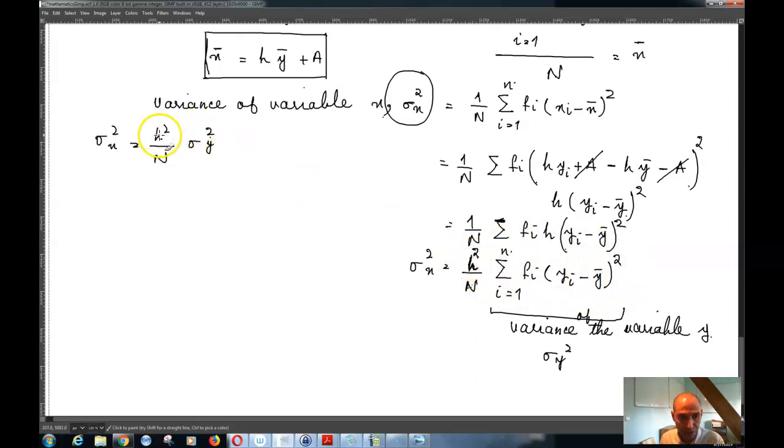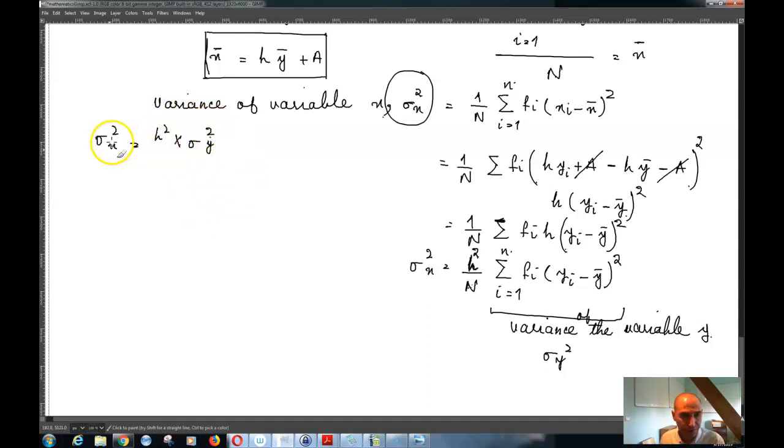So then this expression has to be actually h squared times basically sigma y squared. That means that you can say that the variance of the variable x is the same thing as h squared times the variance of the variable y.